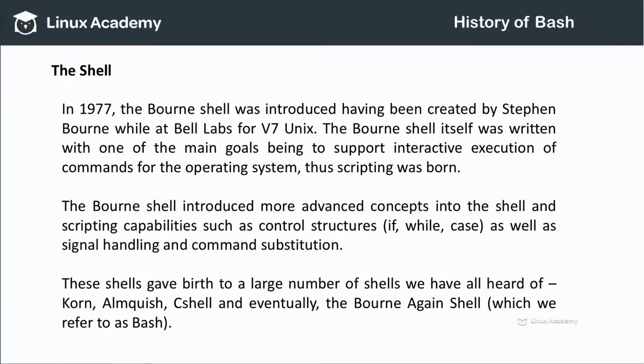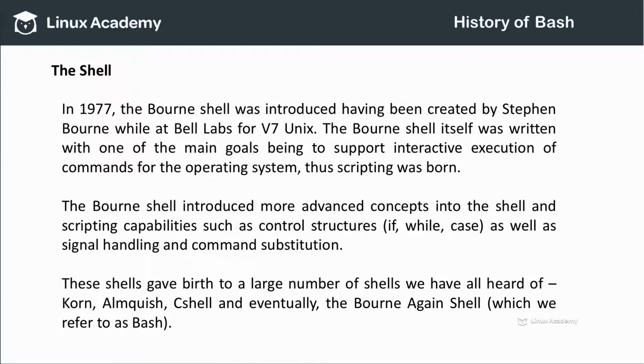In 1977, the Bourne shell was introduced, having been created by Stephen Bourne, also at Bell Labs, for V7 Unix. Now, the Bourne shell itself was written with one of the main goals being to support interactive execution of commands for the operating system, and it's often seen as the beginning or the birth of shell scripting. The binsh before the Bourne shell wasn't used for what we view as shell scripting, but really one of the primary goals for the Bourne shell when it was created was doing exactly that.